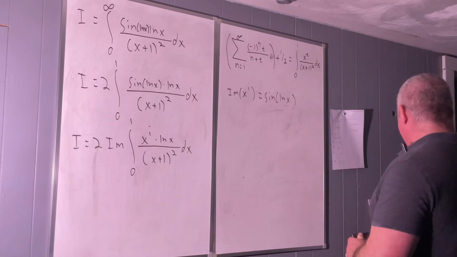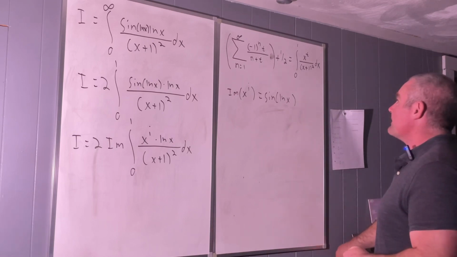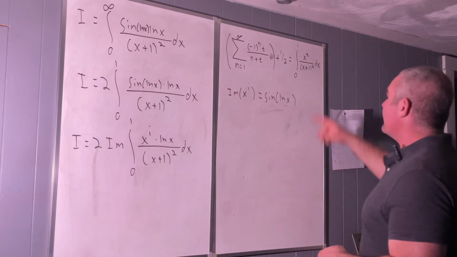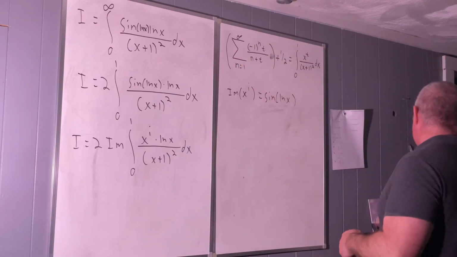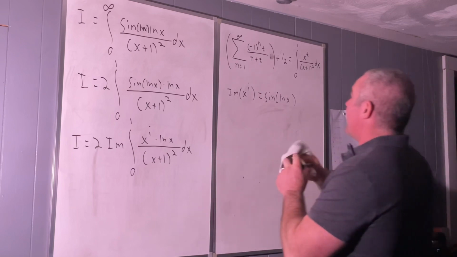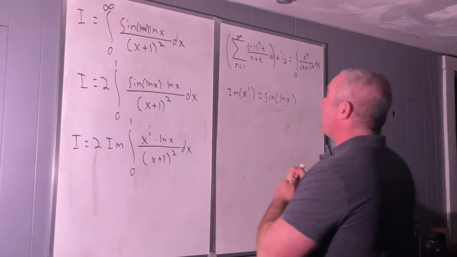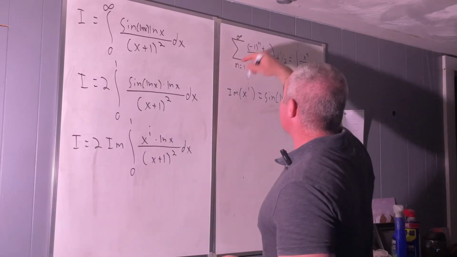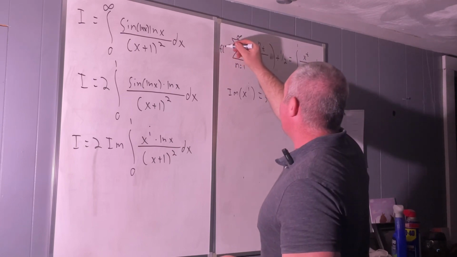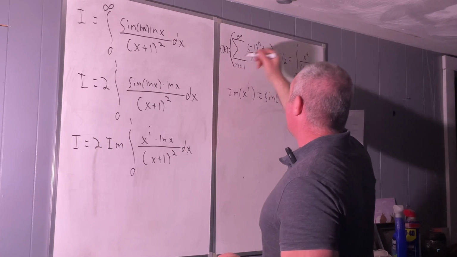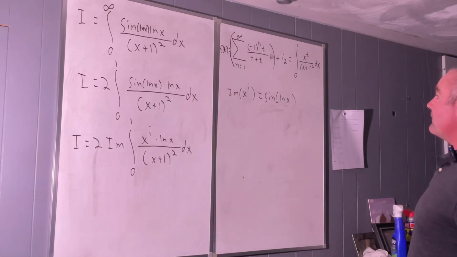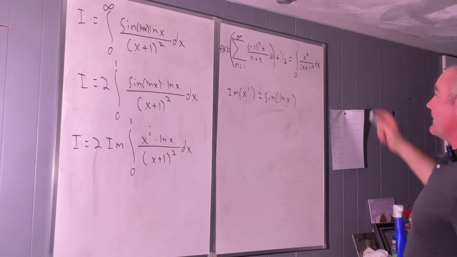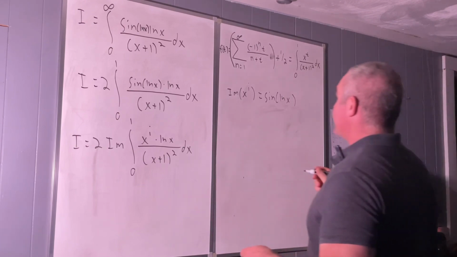All right, so now what I want to do is I'm actually going to label this expression right here f of t, because it is a function of t. So let's just say that f of t is equal to that thing right there. Okay. Well, if f of t is equal to that, then let's take f prime of t.